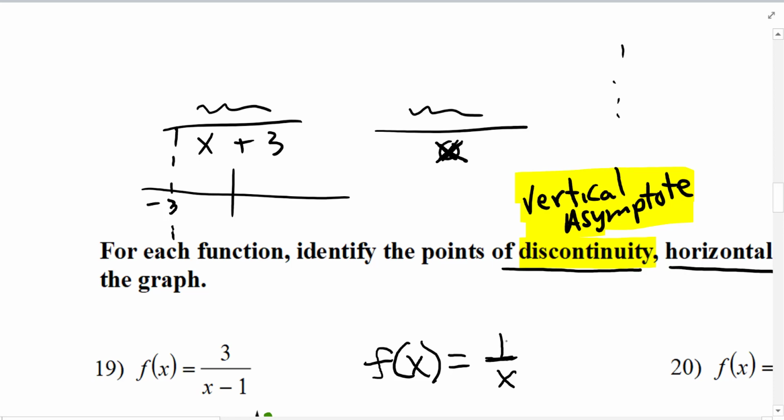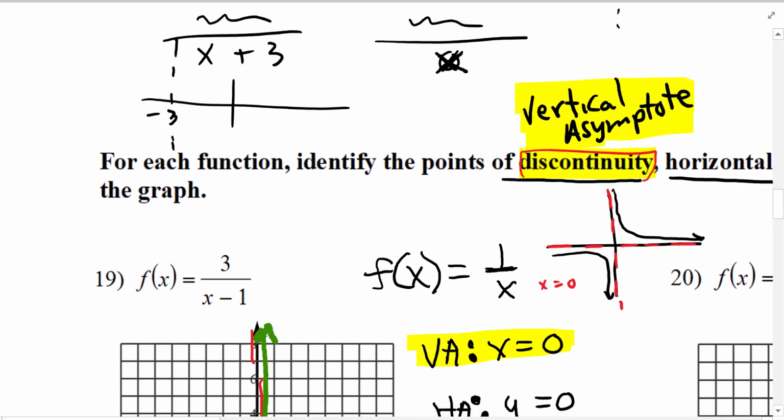So remember, the parent graph of this rational function looks like this, which means the vertical asymptote is where x is equal to 0. And where there's a vertical asymptote, there will also be a discontinuity. And notice there's also a horizontal asymptote, and I'll show you how to find those in just a minute.